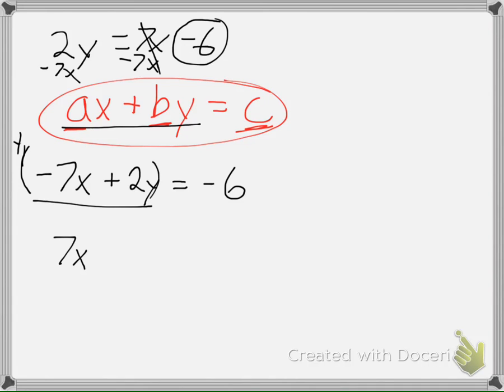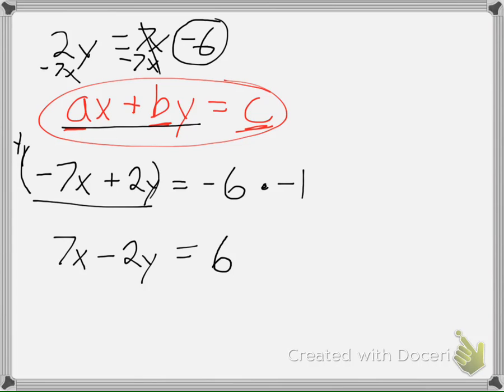And it's going to make the one that's positive negative, so minus 2y. But again, since it's equal, if I multiply this side times negative 1, I also need to multiply this side times negative 1, which would make that positive 6. So standard form, we have 7x minus 2y equals 6.